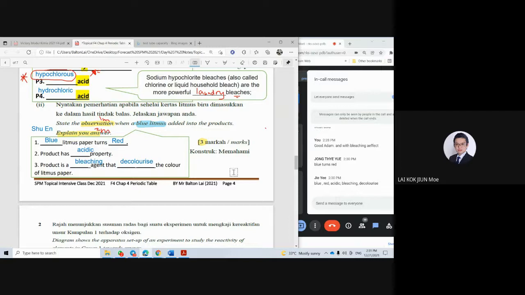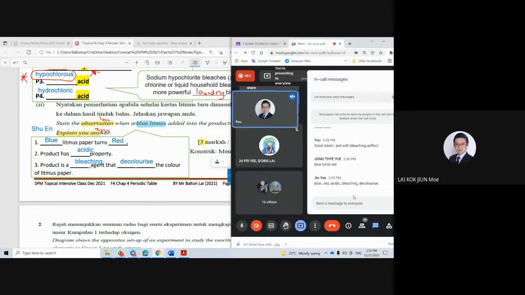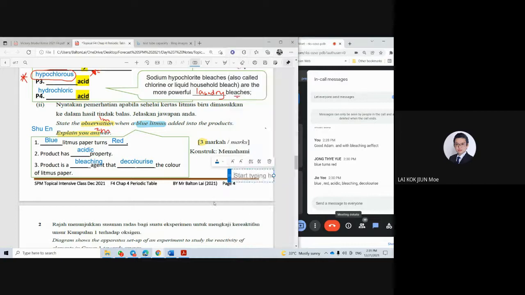Okay, done. 3 marks all. If you agree, you give me +1. If you do not agree, you give me -1. If you can find any mistake or error, just inform me.